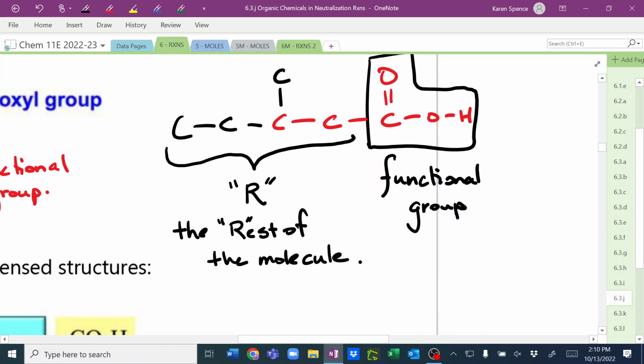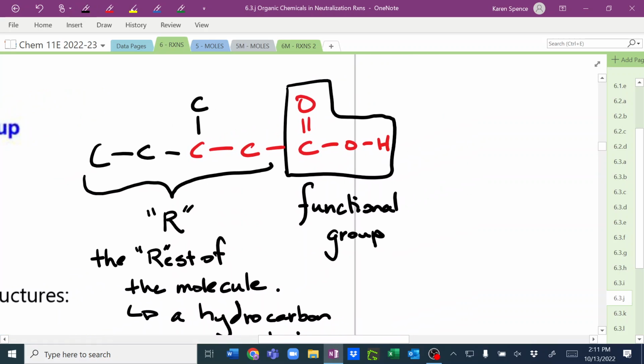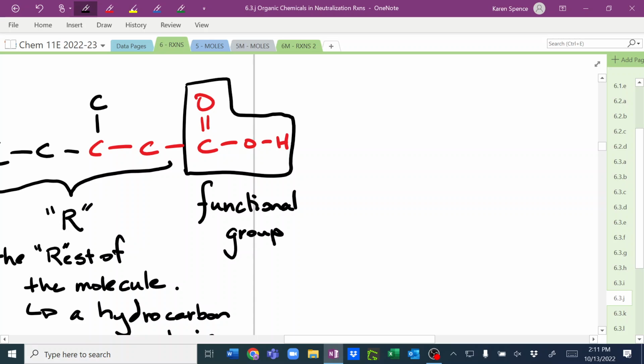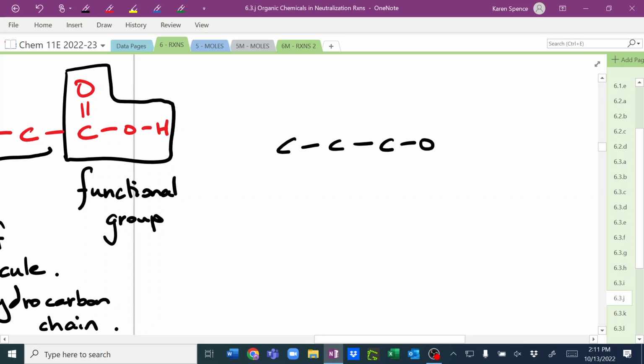And the rest of the molecule will be a hydrocarbon chain. An alcohol is not an acid. So if we had an alcohol, our functional group would just be the OH.